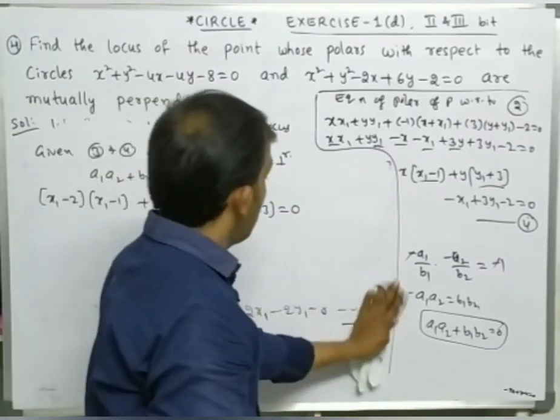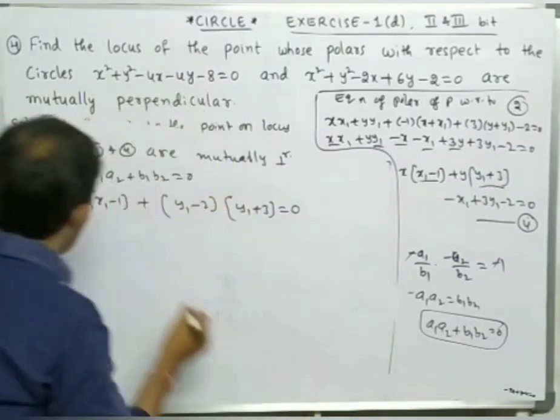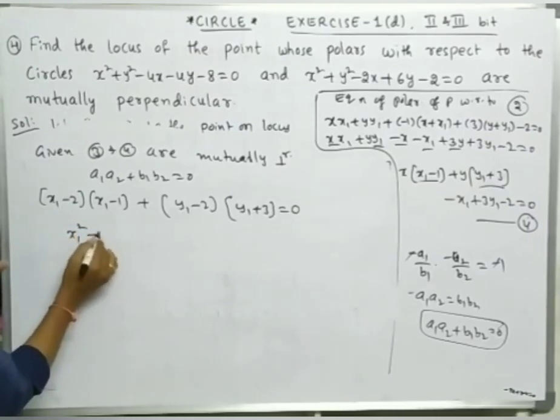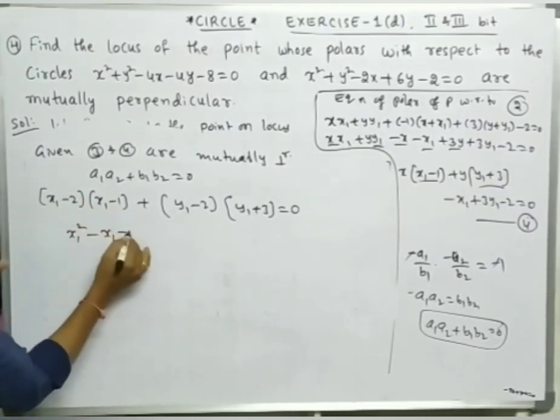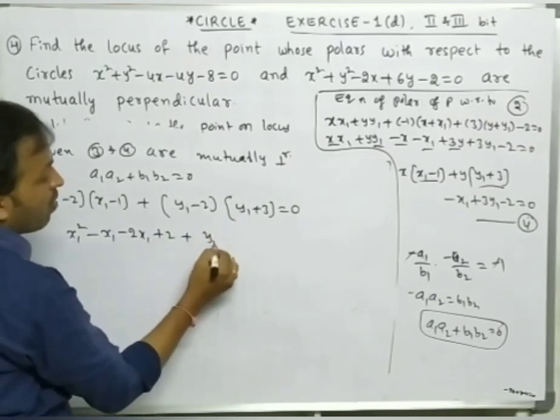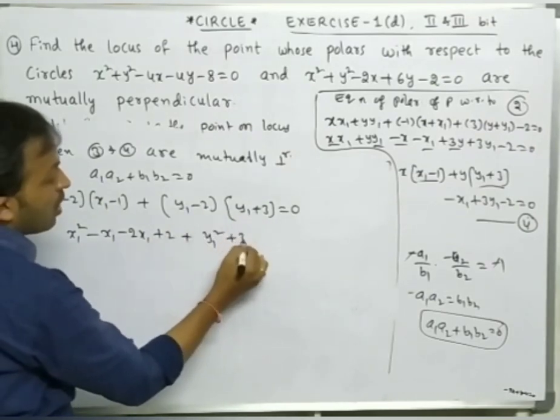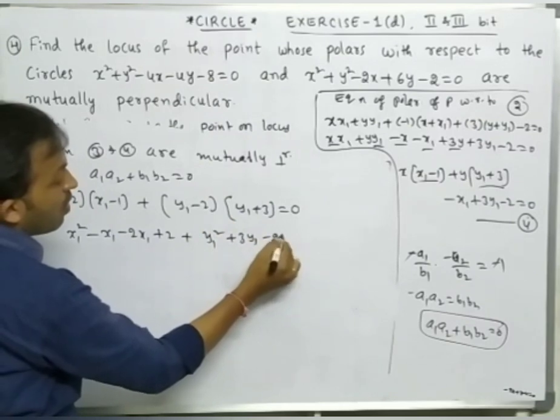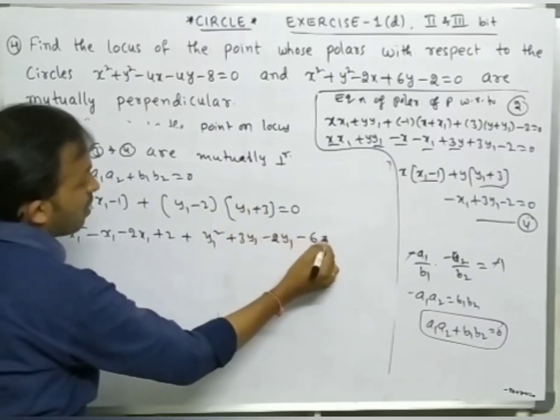So that's it. So product: x1 into x1, x1 square minus x1 minus 2 into x1 minus 2x1 plus 2, y1 square, y1 into 3, 3y1 minus 2 into y1 minus 2y1 minus 2 into 3 minus 6 is equal to 0.